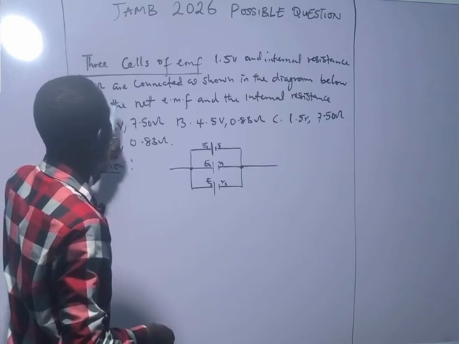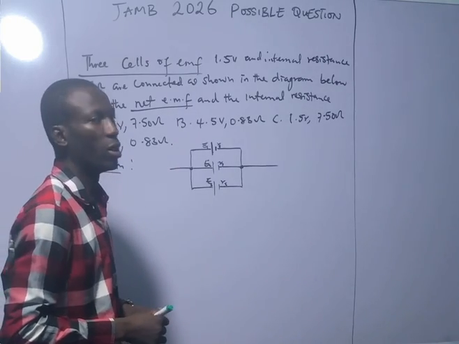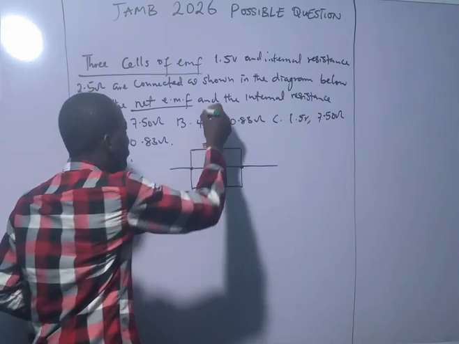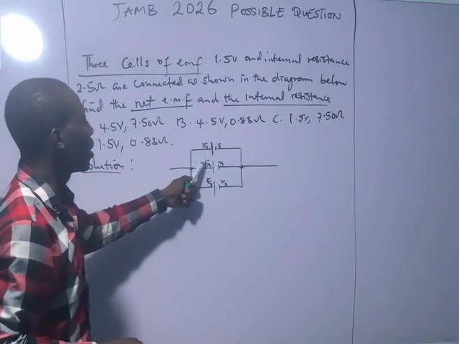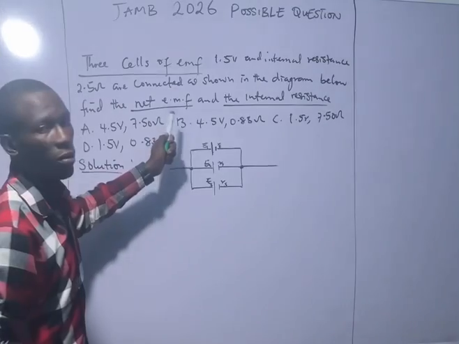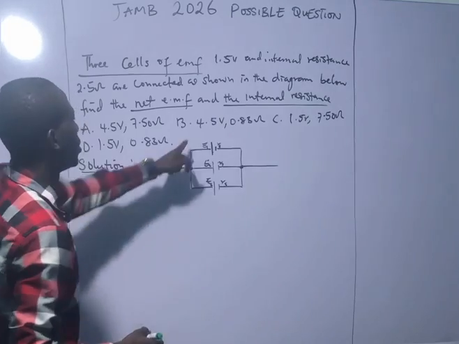And then find the net EMF, the electromotive force, and the internal resistance. So we'll be using this diagram to find the EMF and the internal resistance. All right, so let's figure out the EMF.